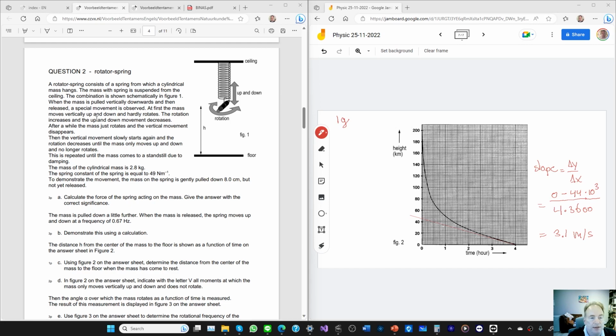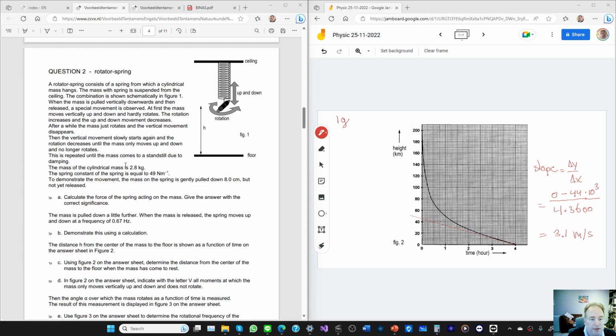Then the rotation increases and the up and down movement decreases. Means that some energy is transferred in the rotational movement. After a while, the mass just rotates and the vertical movement disappears. Then the vertical movement slowly starts again and the rotation decreases until the mass only moves up and down and no longer rotates. This is repeated until the mass comes to a standstill due to damping.